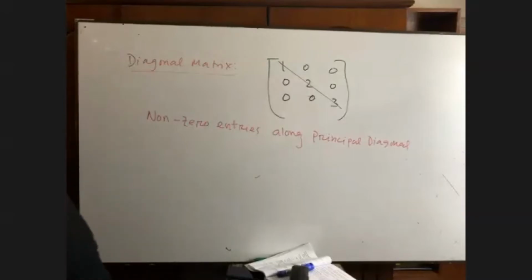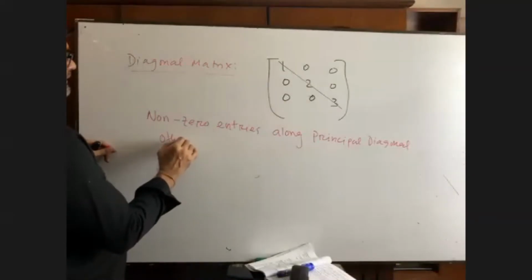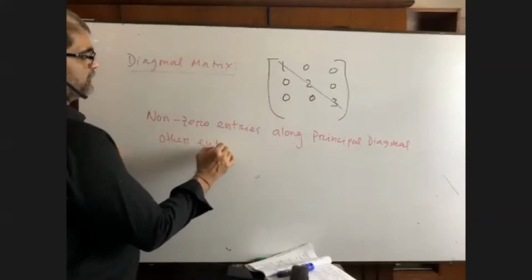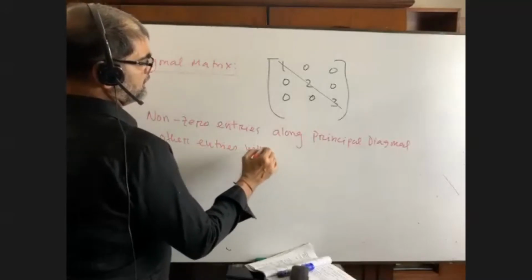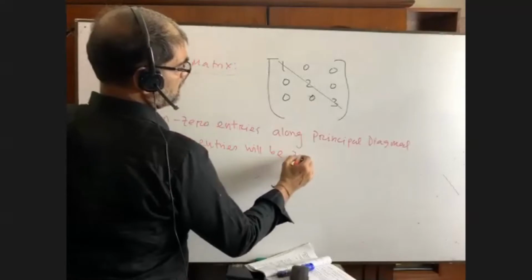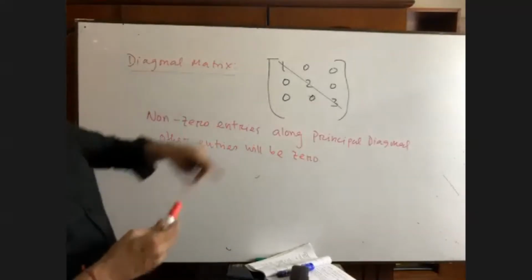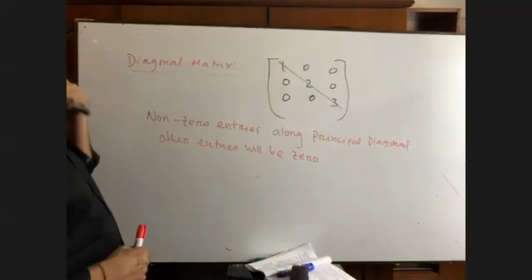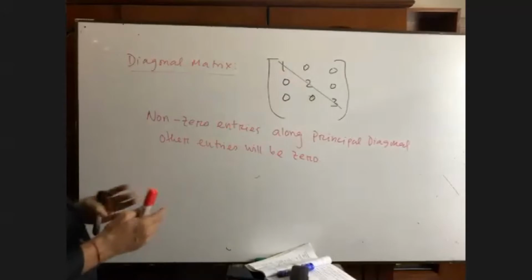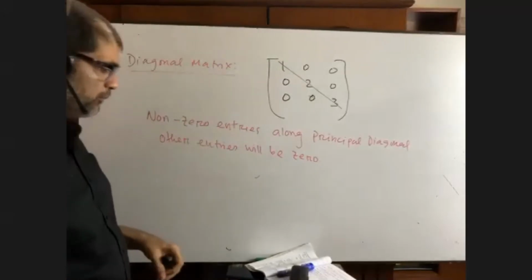Okay, and other entries will be 0. Along the principal diagonal, if we see that there are non-zero entries, then it will be called a diagonal matrix.